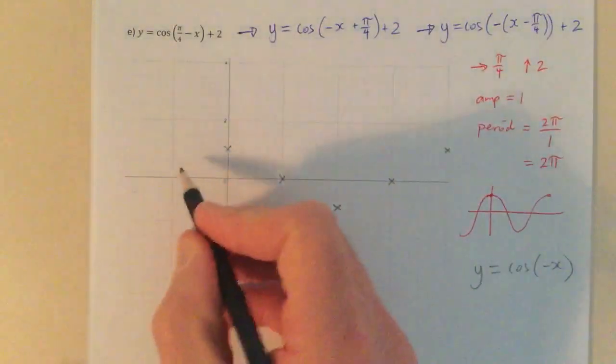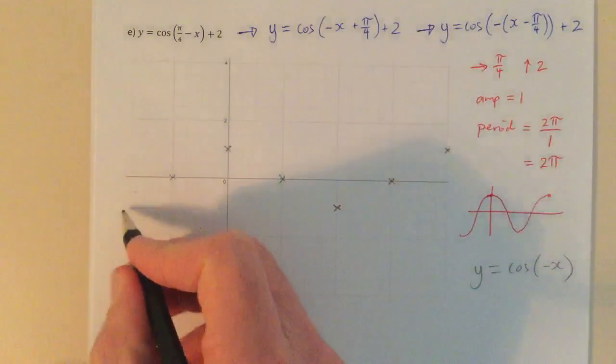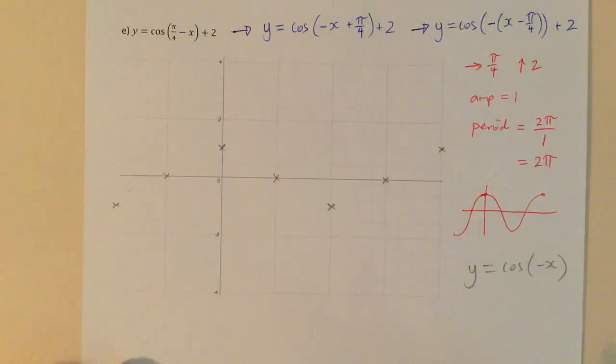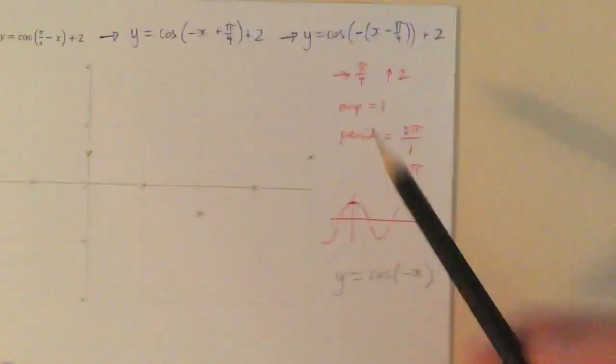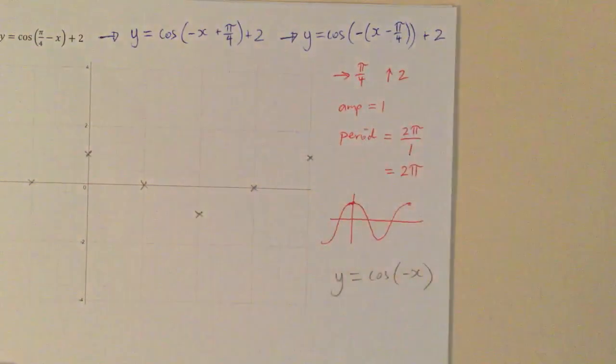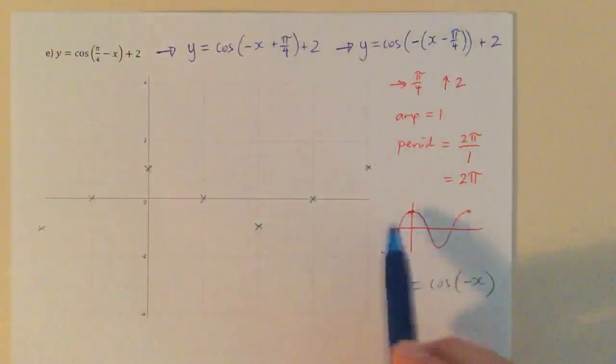Just in case we need them, you can also mark in a couple of extra reference points going back to there. All right, now what we're going to do, take all of these points and move them pi on 4 units to the right and 2 units up. And actually what I should have done before starting to do all that is mark in some x-axis values.